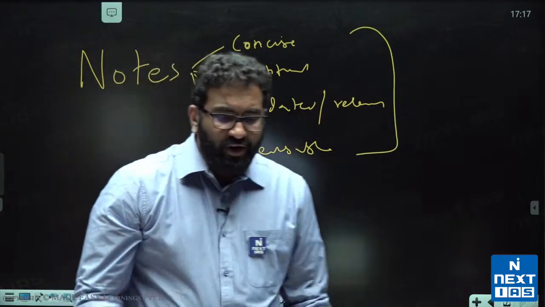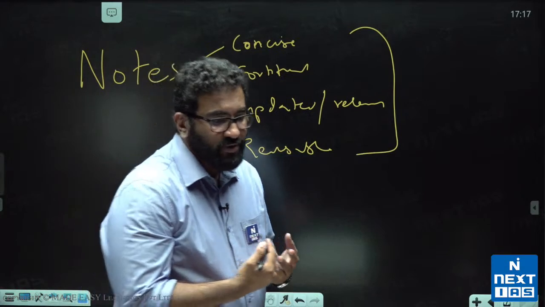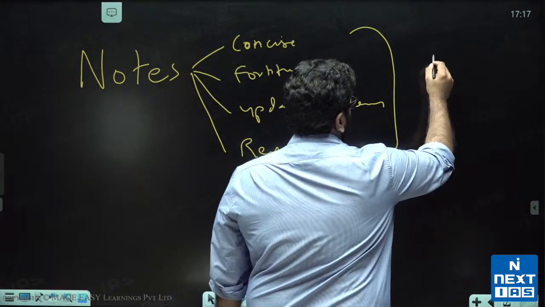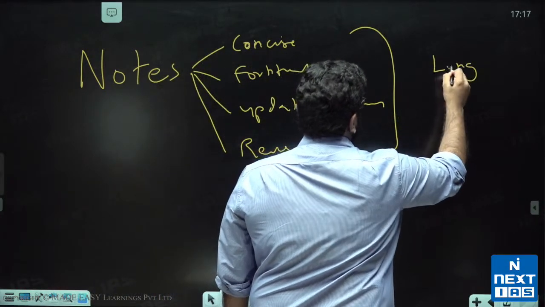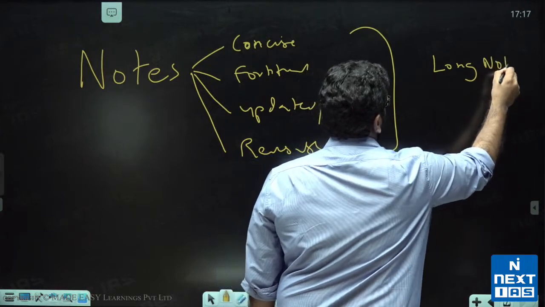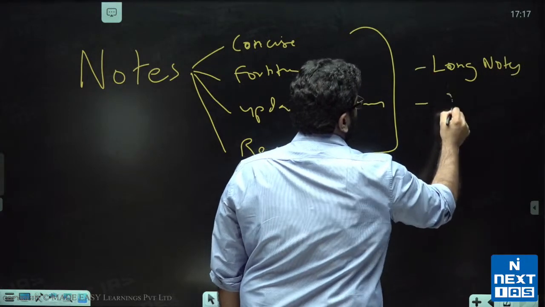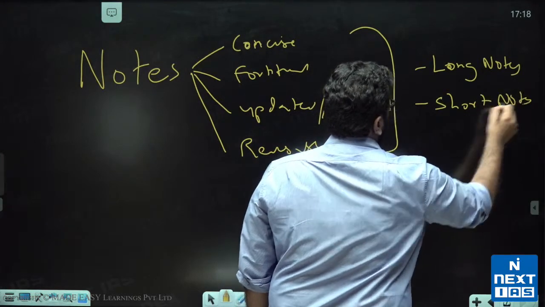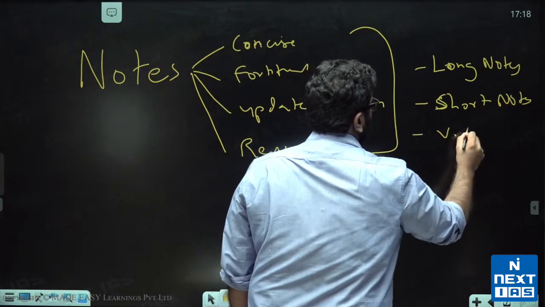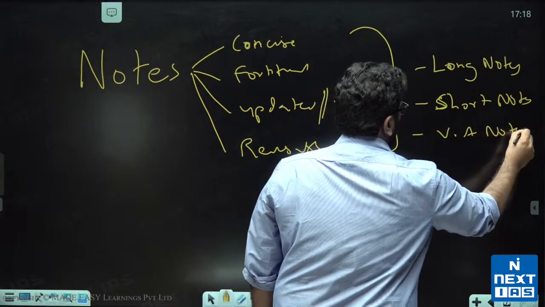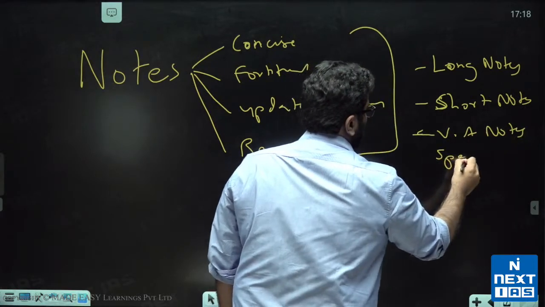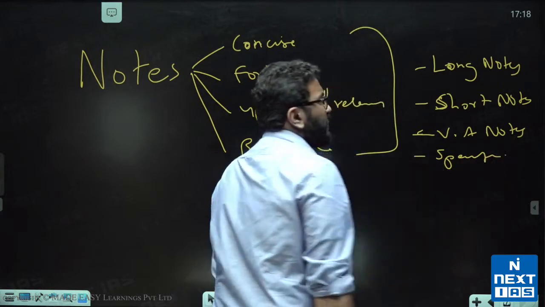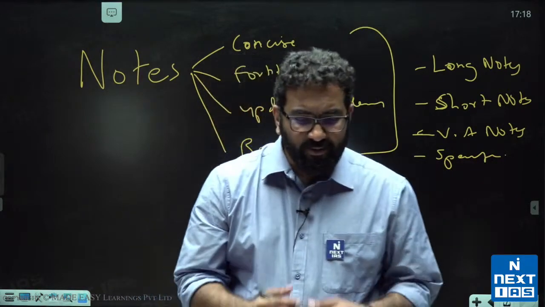Now, when we talk about notes, we have 4 different types of notes majorly happening. You have long notes, or running notes, you have short notes, you have value addition notes, and you have specific notes, right? Most people have long notes, especially students who have completed foundation courses.